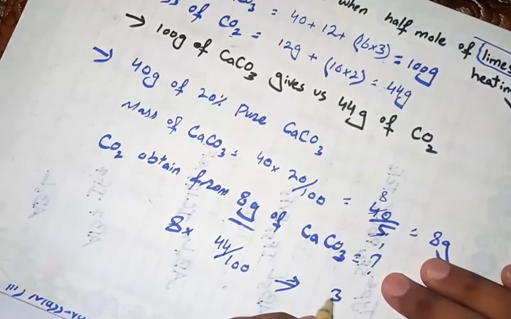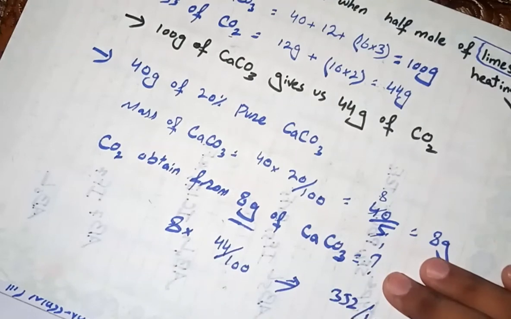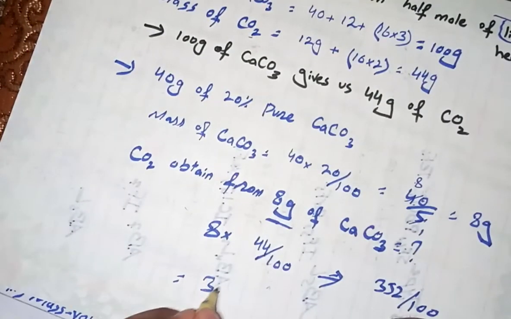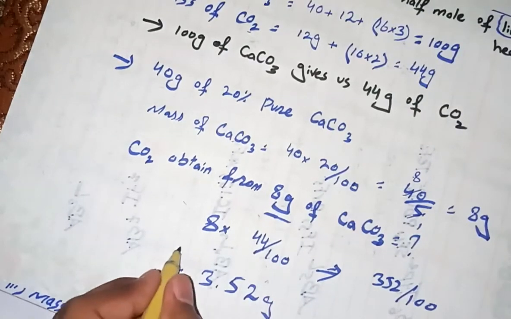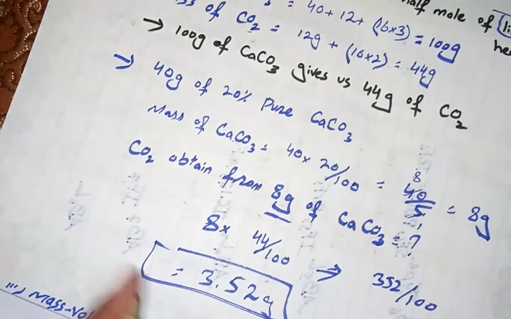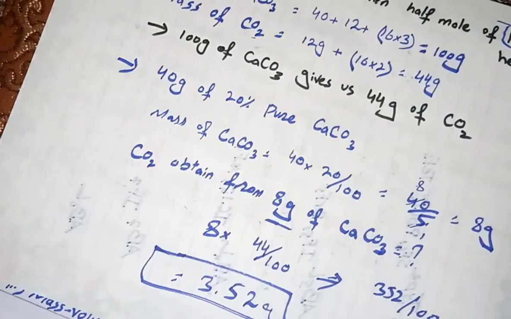This gives 352 over 100, and the product we obtain is 3.52 gram. This is the mass of carbon dioxide, which we calculate with the help of mass relationship.